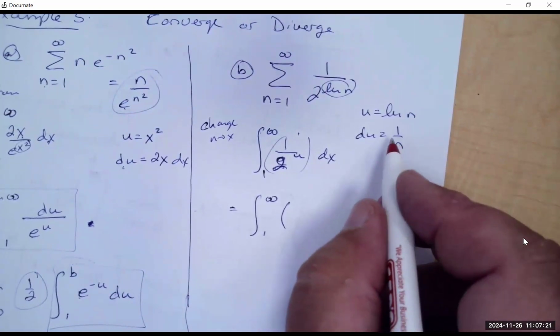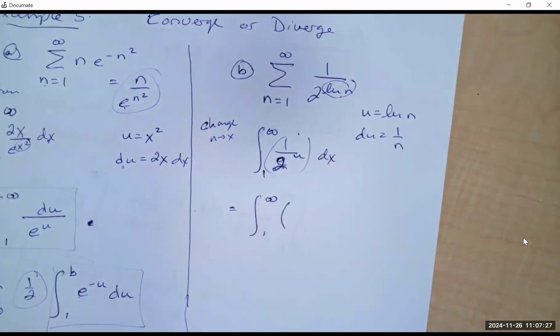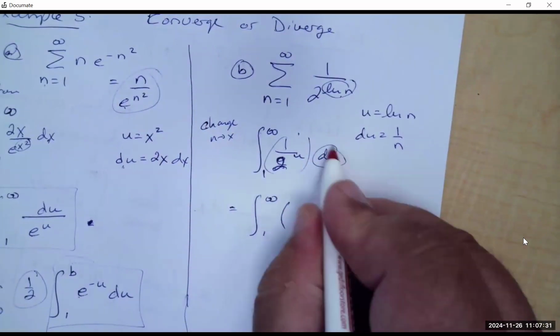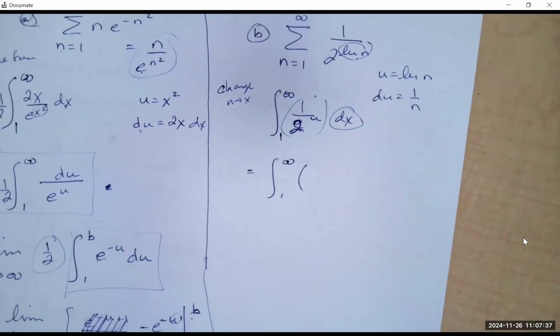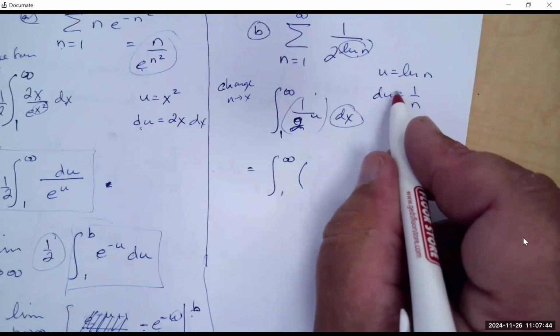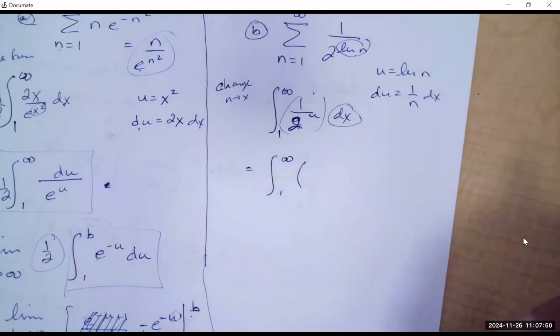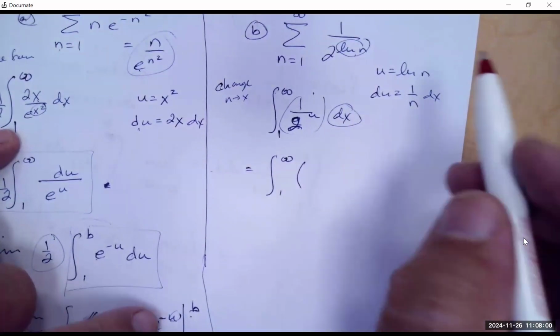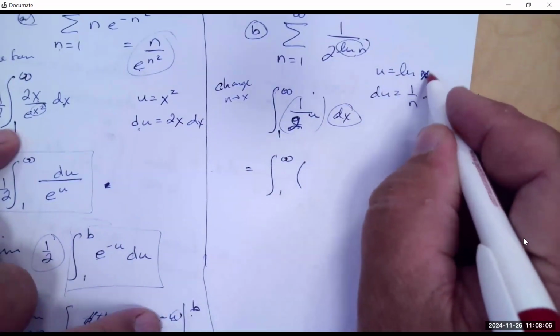So if u is ln x, what's dx going to be? Oh, so first thing you have to do is make it 2 to the ln x.